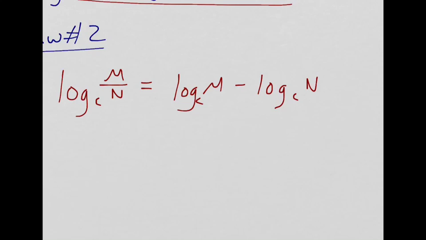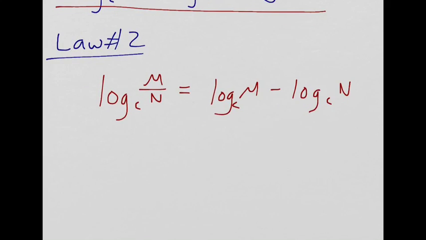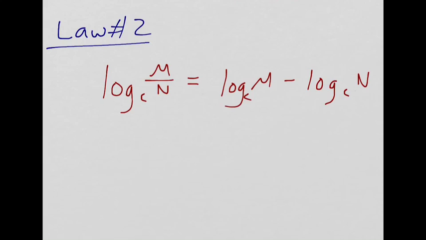So it's similar to the previous law, except you're dividing your arguments, and that gives you the ability to subtract two separate logarithms, one with the numerator, one with the denominator. Okay, I'm going to omit the proof from this one, but it's very similar to the last proof that we did. It just follows basically the same guidelines as what we did before. You can check page 394 in your book at a later date if you want a little more assurance as to how that works.